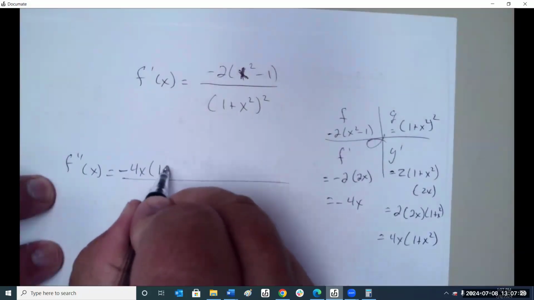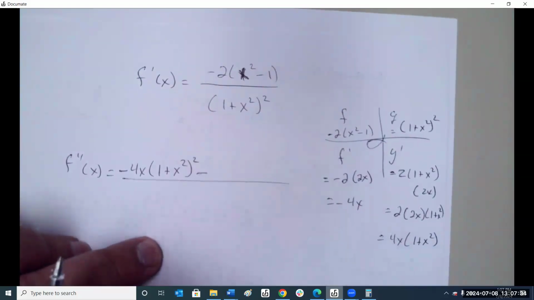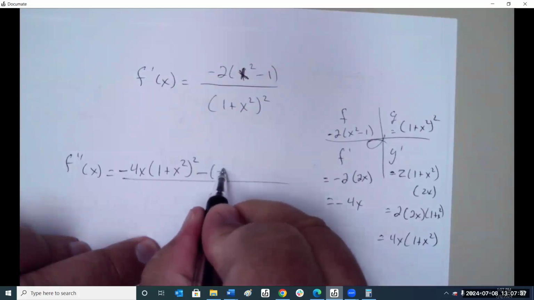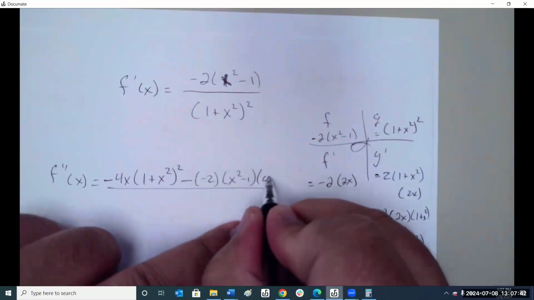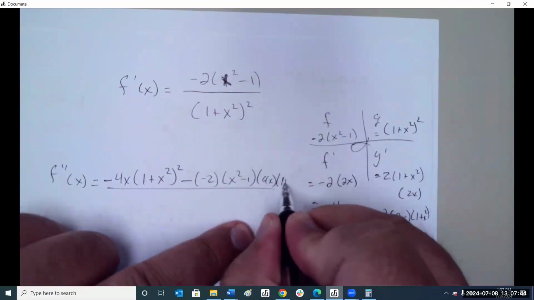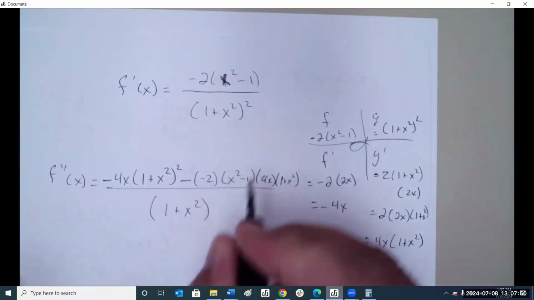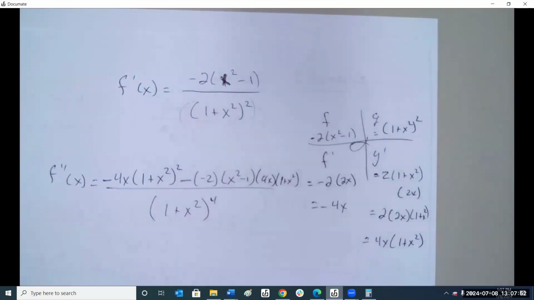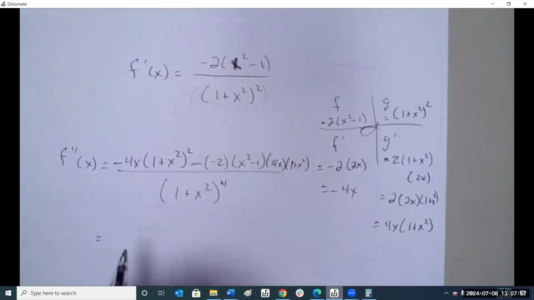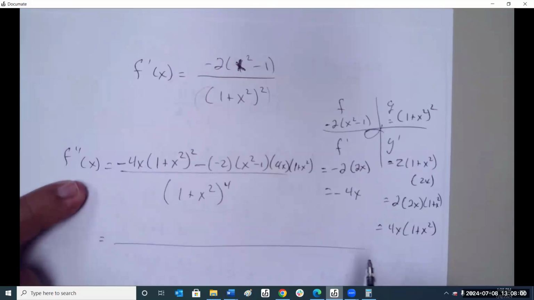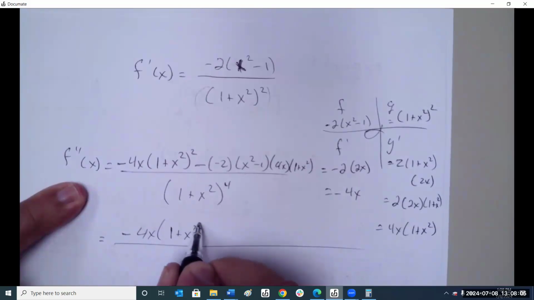Negative 4x (1 plus x squared) minus (negative 2x squared minus 1) 4x (1 plus x squared). And this is squared, so it's to the fourth power. Negative 4x, (1 plus x squared) squared.